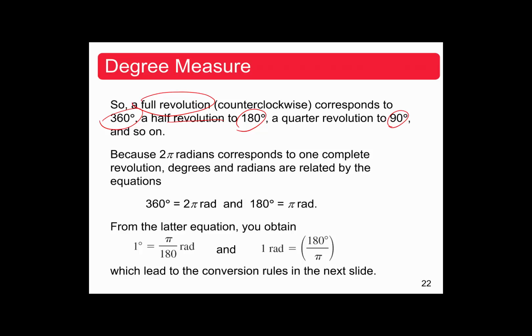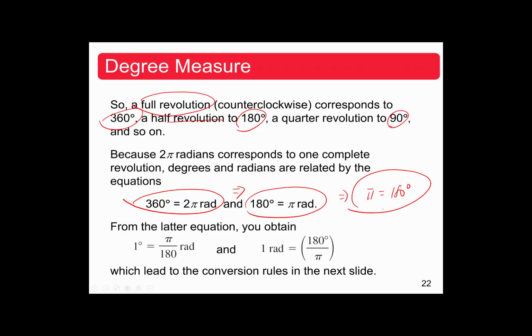So we know that 2 pi radians is equivalent to 360 degrees. That means pi radians is equal to 180 degrees. This is a very important conversion formula between the degree measurement and the radian measurement. So 1 degree is pi radians over 180. 1 radian is 180 degrees over pi.